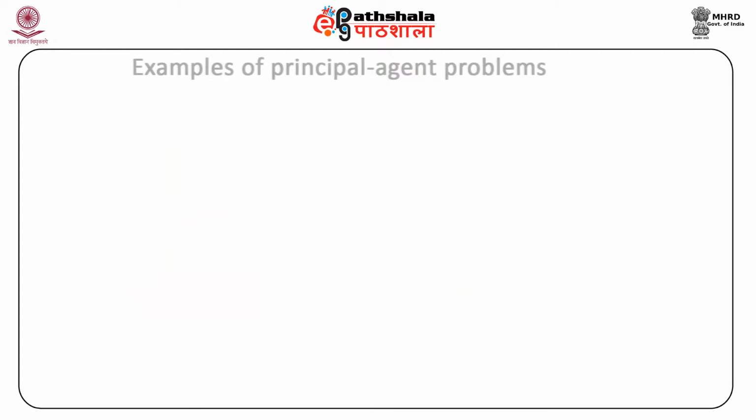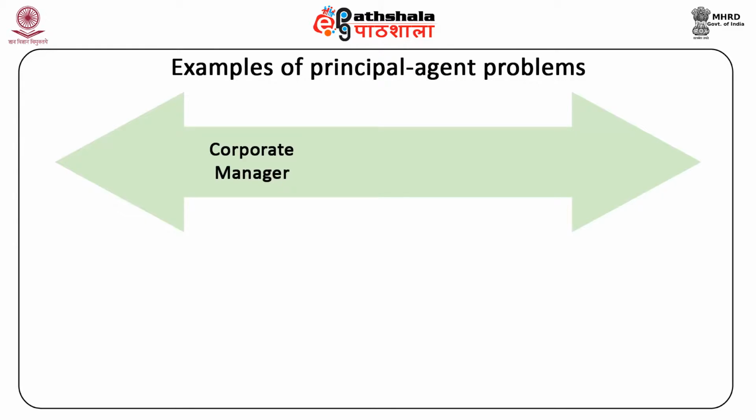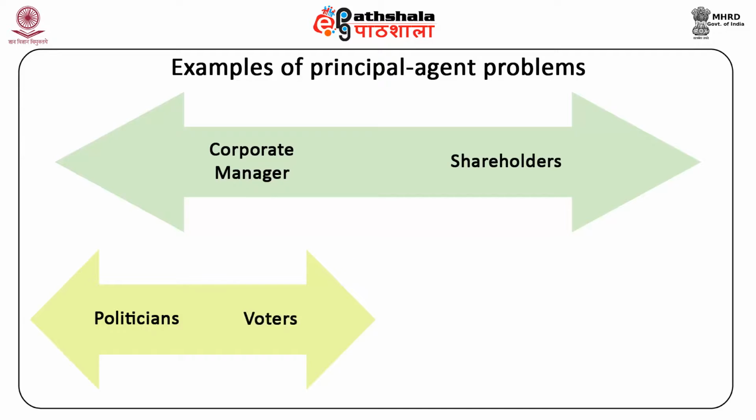Some of the examples of principal agent problems are corporate manager, that is agent, and shareholders as the principal, politicians as agents and voters as principal, employers as principal and employee as agent.